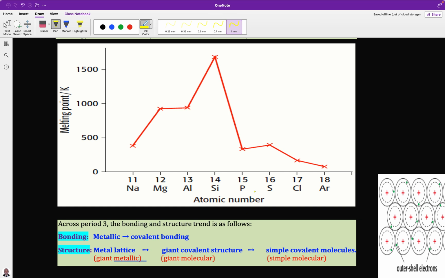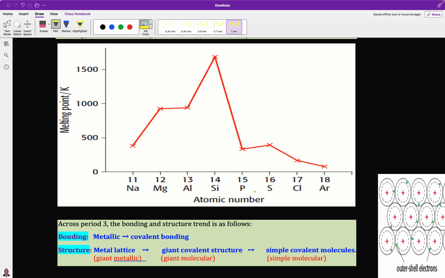And the structures are from metal lattice, or what we call the giant metallic structure, to giant covalent structure, or giant molecular structure, and finally to simple covalent structure, or the simple molecular structure.